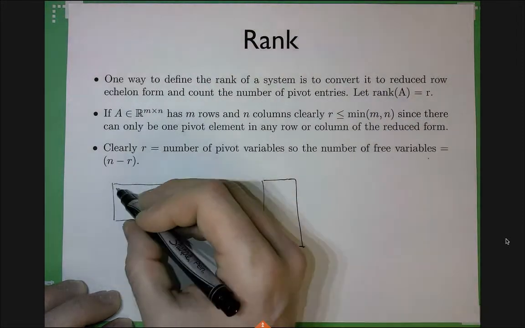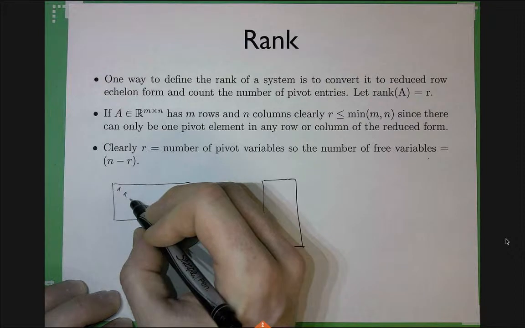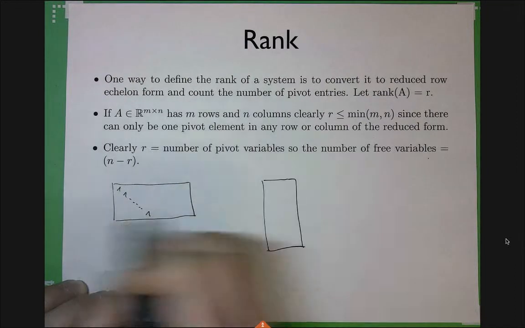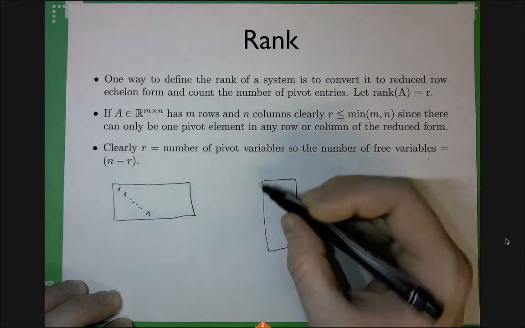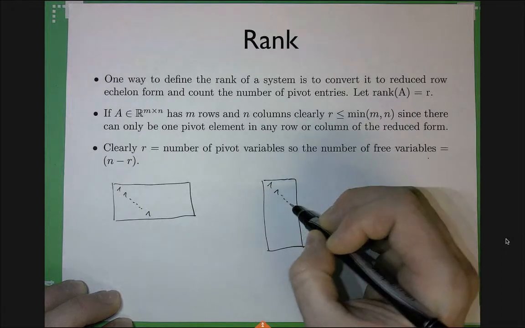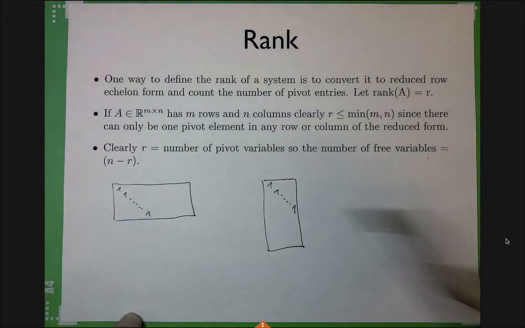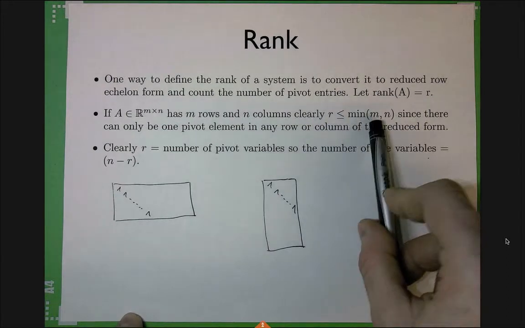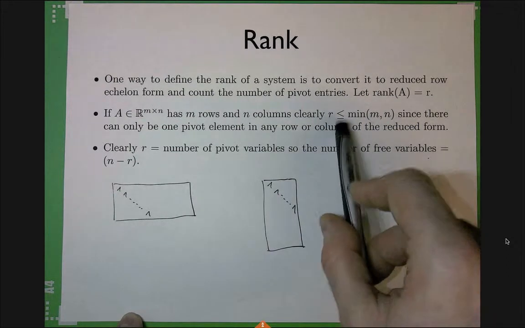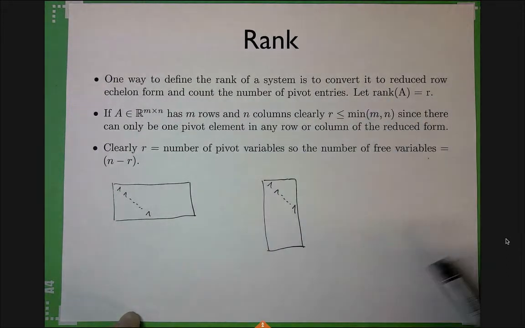That's because the number of pivot elements can be at most the number of rows in this case, and at most the number of columns in this case, right? So it always has to be smaller than both m and n, so it has to be less than or equal to the minimum of m and n. m is the number of rows, n is the number of columns.